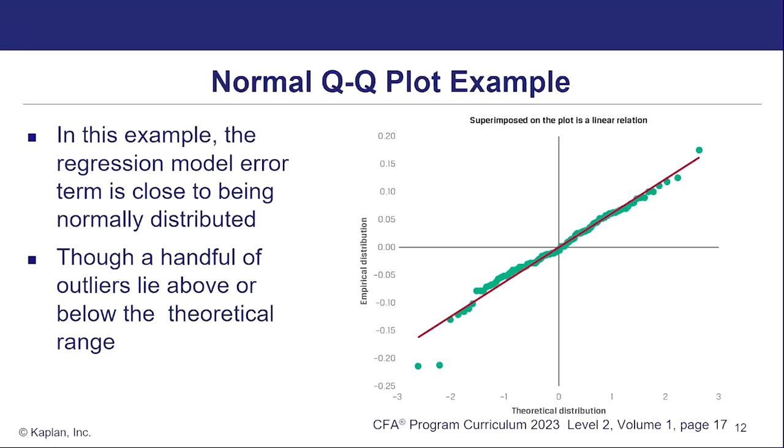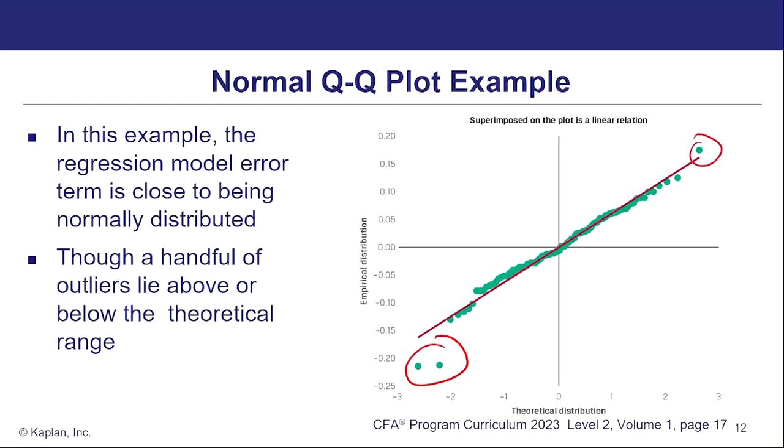Now the expectation is that the red line here represents the perfect plot if the residuals are normally distributed. And in this case, the individual residuals, the green dots, do look pretty well behaved. They look like they are almost on the line. There is a little bit of an outlier. Why do I call it an outlier?